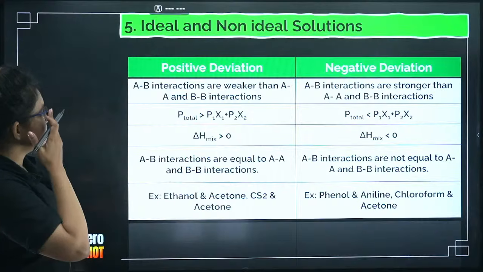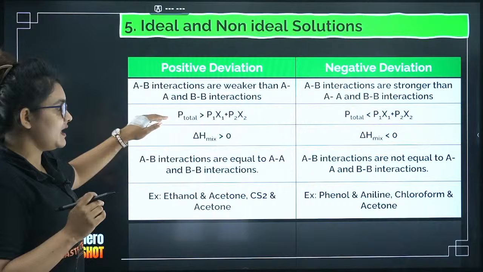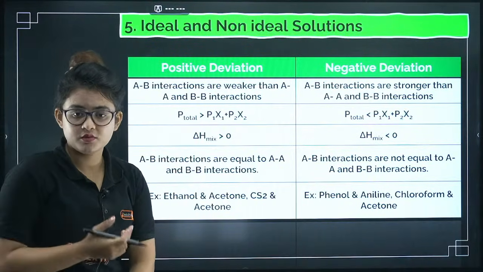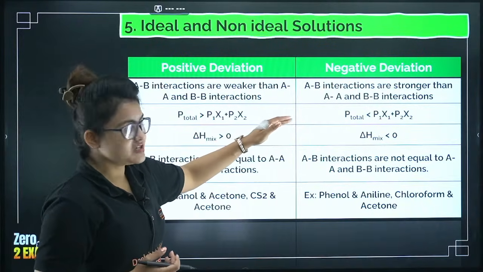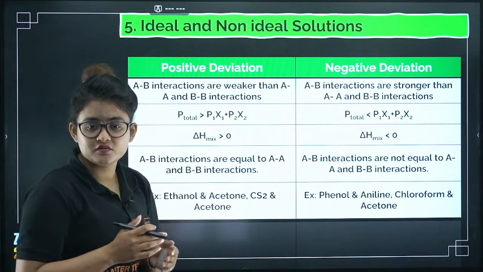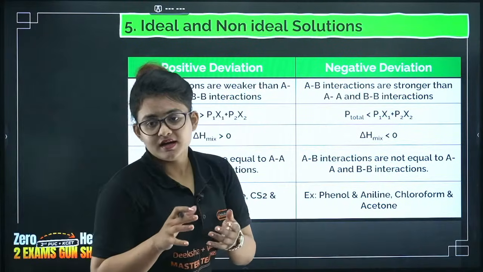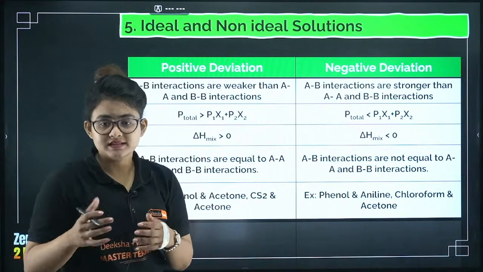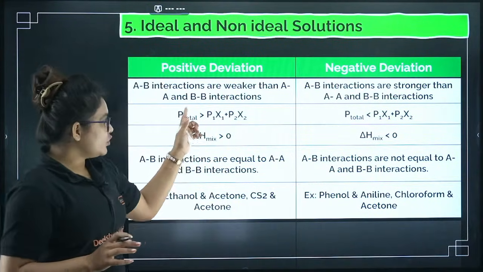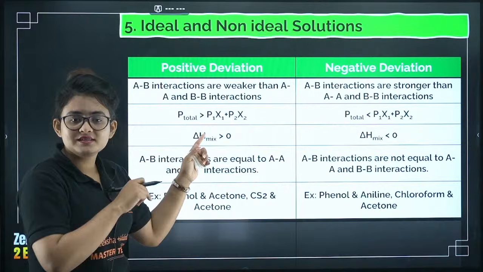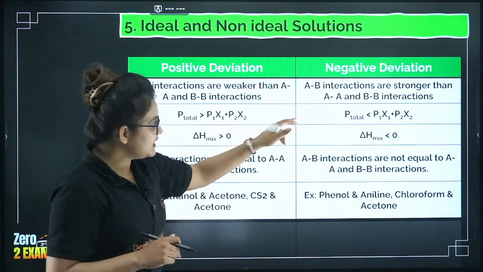Here you can see, for positive deviation, AB interactions must be weaker than that of AA and BB interaction, very important point. And for negative deviation, AB interactions should be stronger than that of the AA and BB interaction, meaning after mixing the interaction will be stronger than that of the individual liquids. Here the total pressure should be greater than the summation of these two; for negative deviation it will be less.